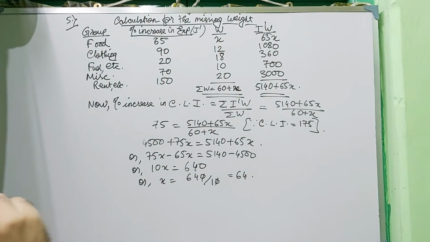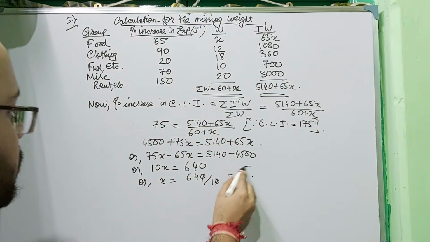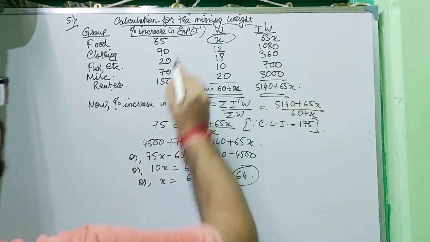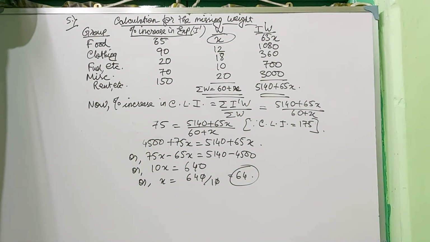So the x figure is 64, so the missing figure will be 64. That will be the answer.